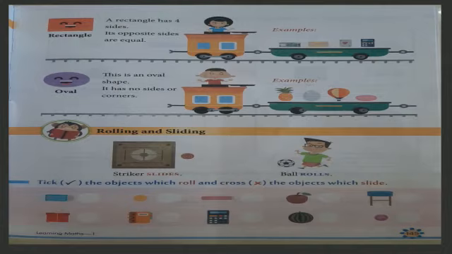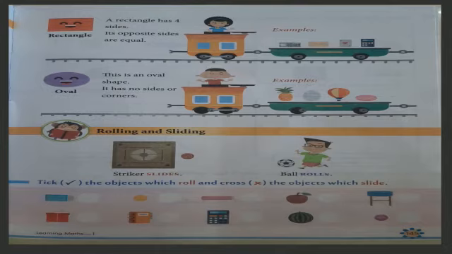Yes, if we push them, they slide on the plane surface. Like a striker slides on the carom board. Yes, and the objects that are circular in shape, they roll on the surface like a football. Yes, when we kick, the football rolls on the ground. Yes, so understood the difference between sliding and rolling?